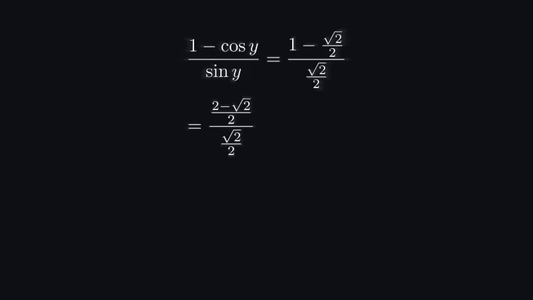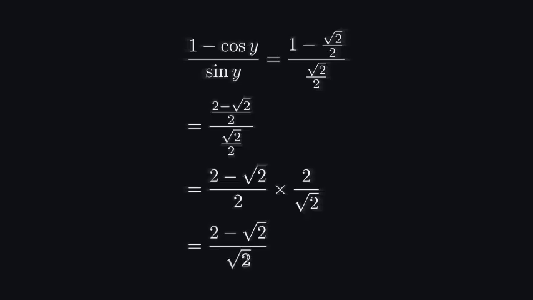So this simplifies to equals 2 minus the square root of 2 over the square root of 2.